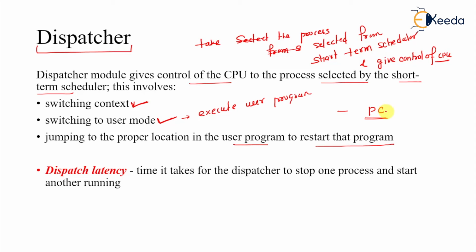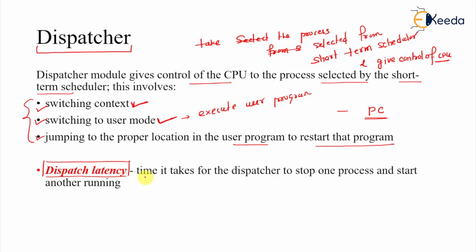So there is a lot to do: switching context, even saving the PCB and then loading the PCB, the data structure we saw last class. Switching the context, switching to the user mode, and restarting the program will take some time. These three steps take some time, and that we call the dispatch latency.